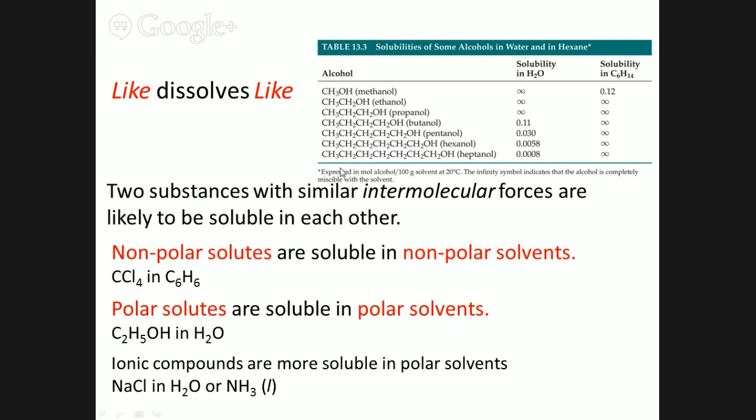And what you can see up here in our little table is just an example of how the longer and longer these alcohol chains become, yes, they're not entirely symmetrical with this one OH here at the end, but the longer and longer that chain becomes, the less soluble it is in water.